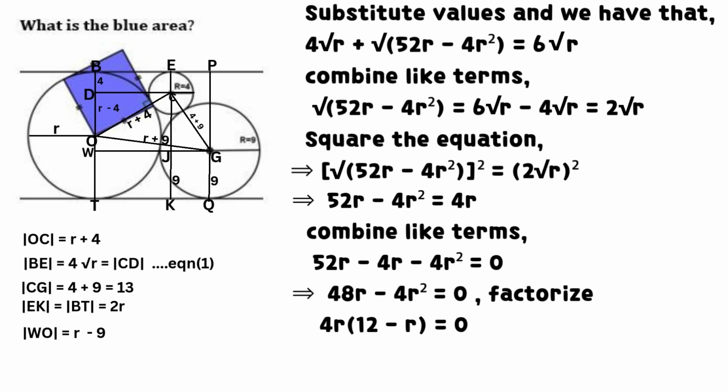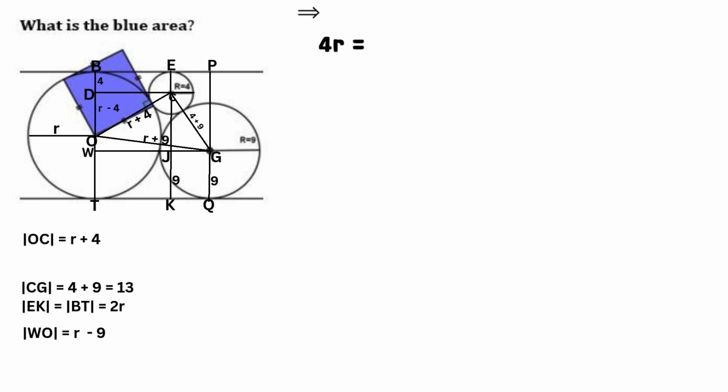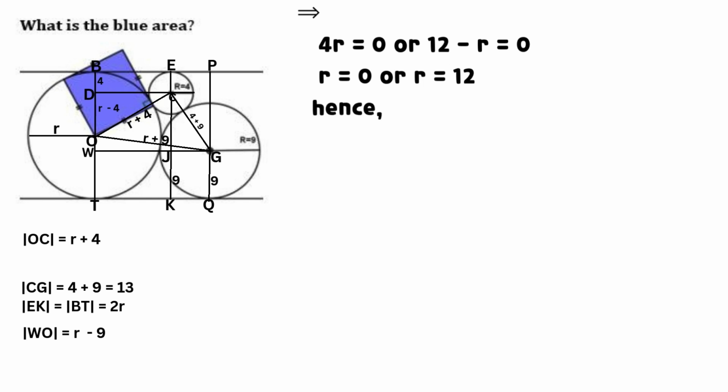Factorize. Hence, the product of 4 times R and 12 minus R equals 0. We have that 4 times R equals 0, or 12 minus R equals 0.